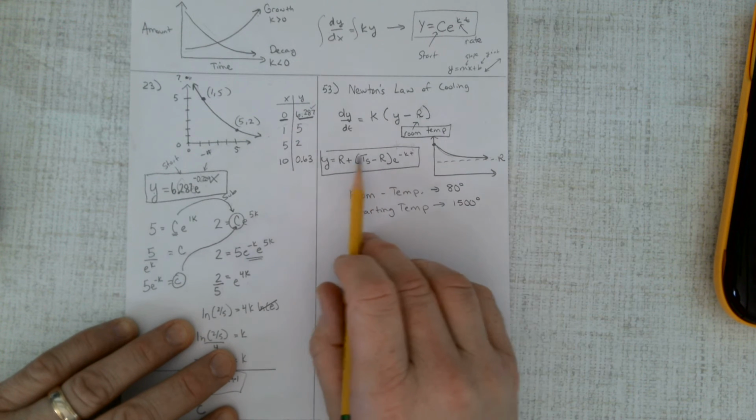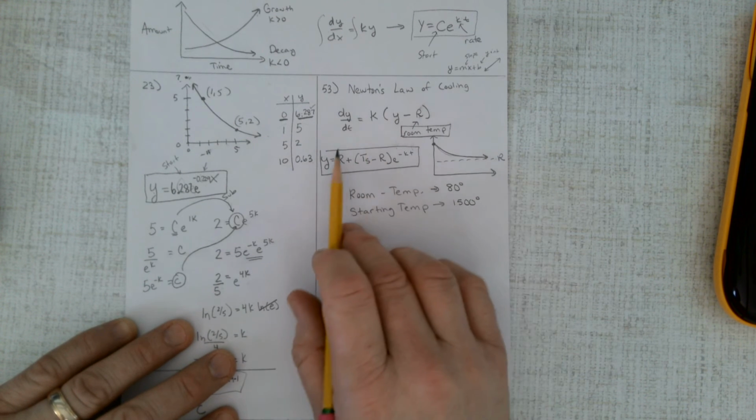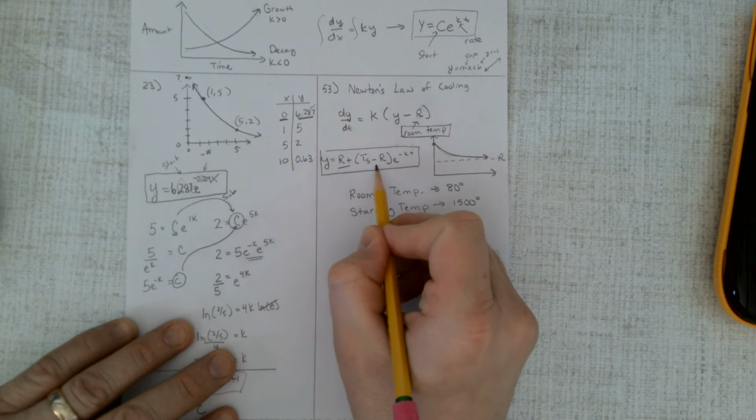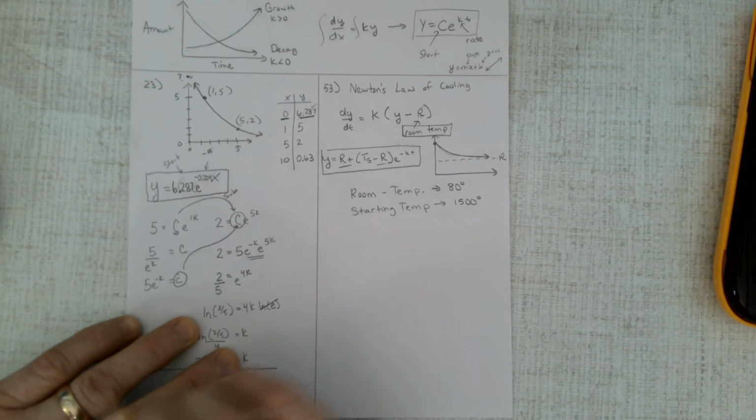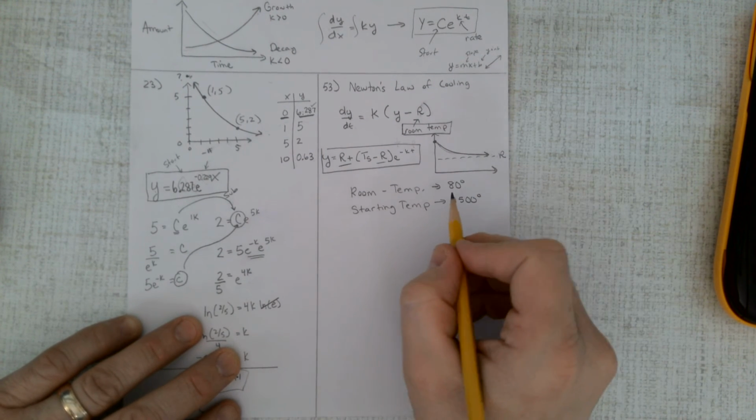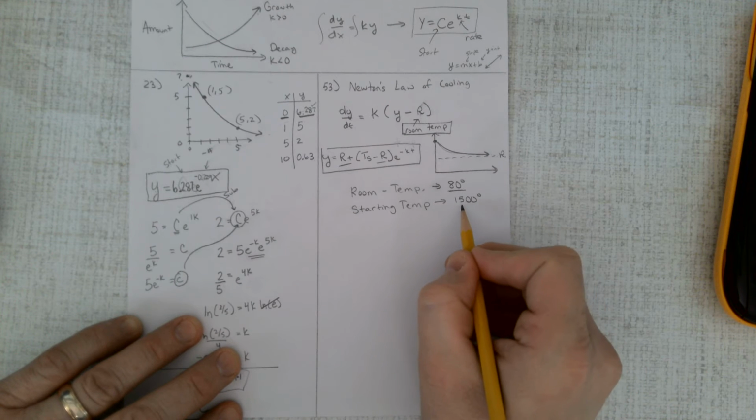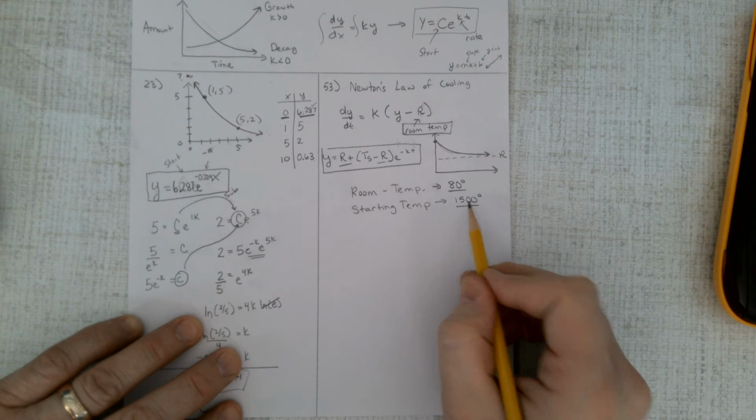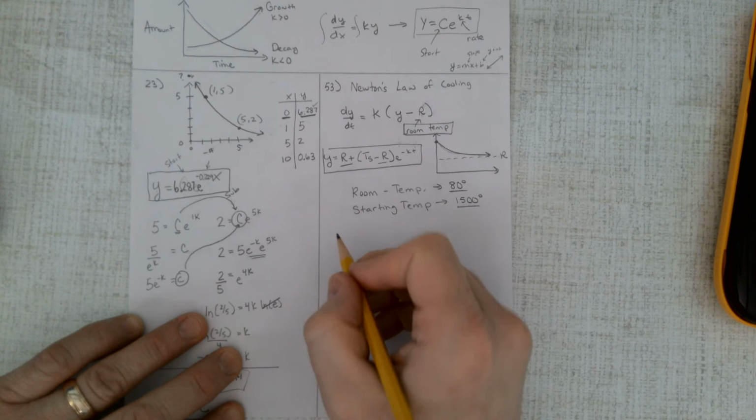And the formula is right here, and it's pretty much the same thing, except we have an R value here and here. So on problem 53, they tell you that the room temperature is 80 degrees and the starting temperature of an object is 1500 degrees. Well, what would that equation be?